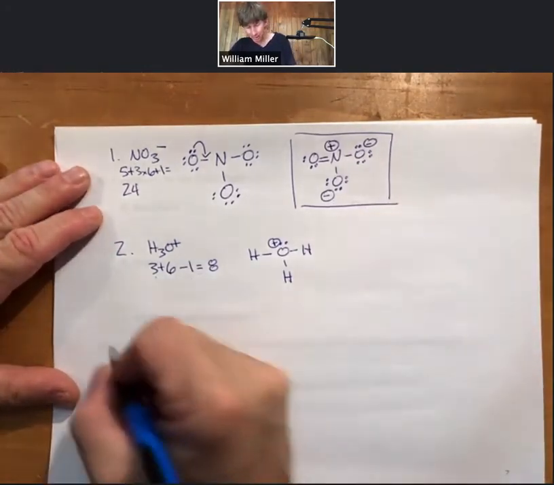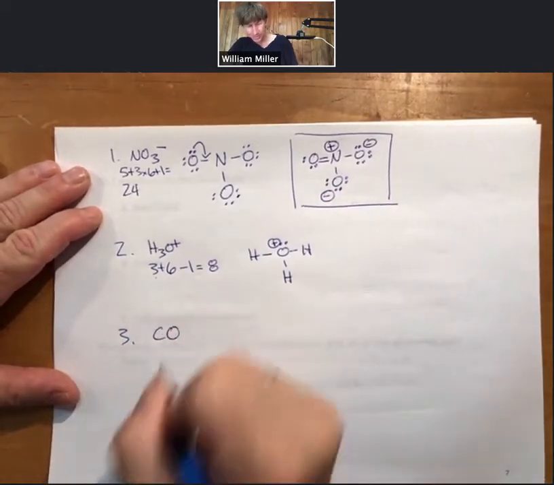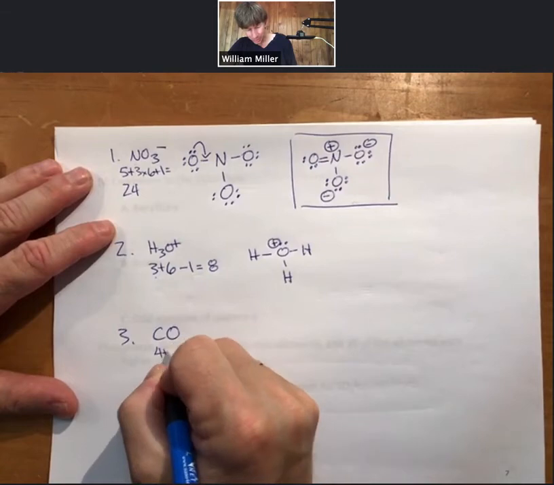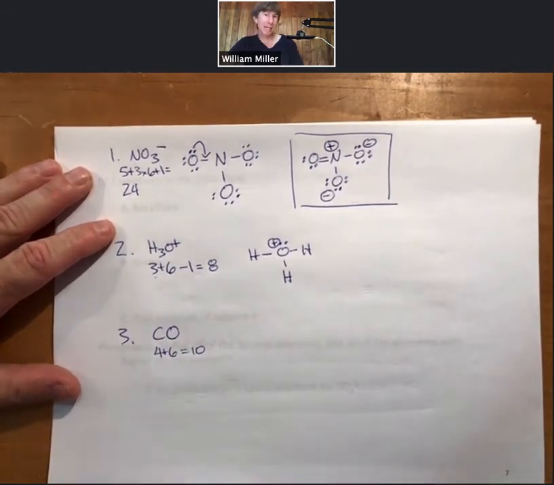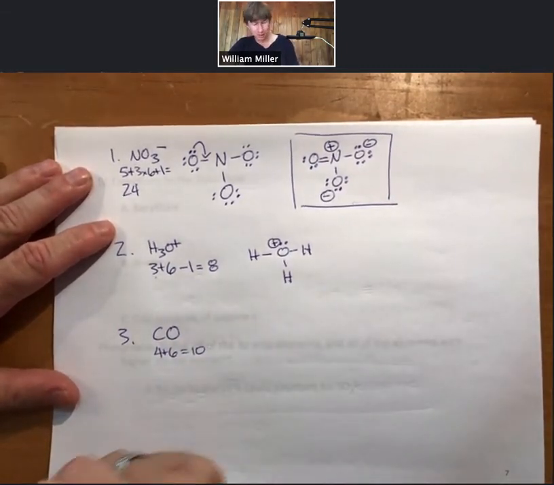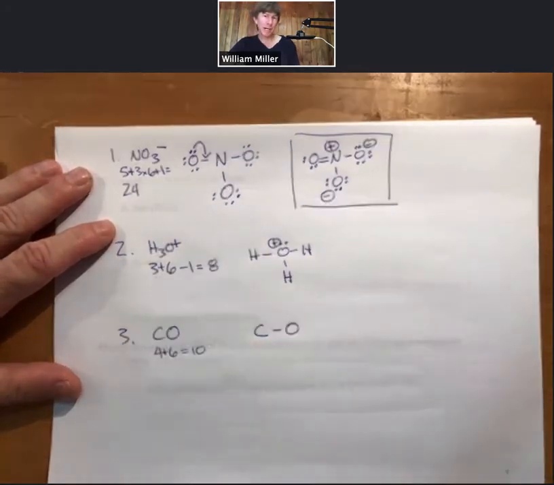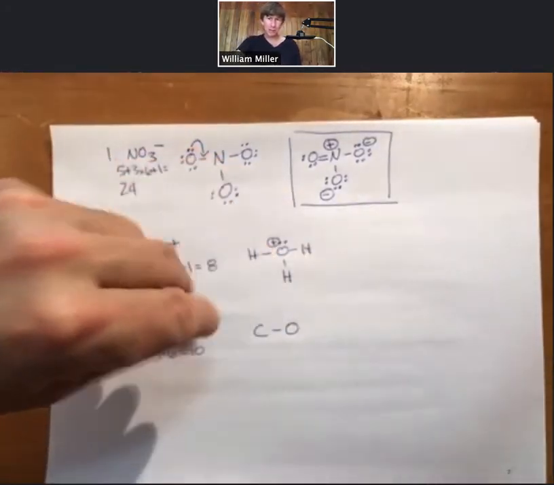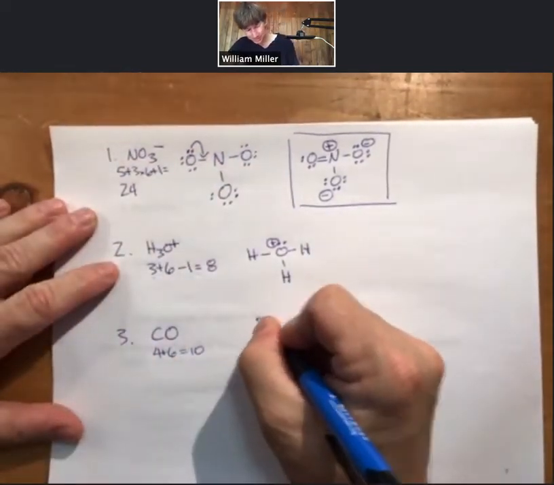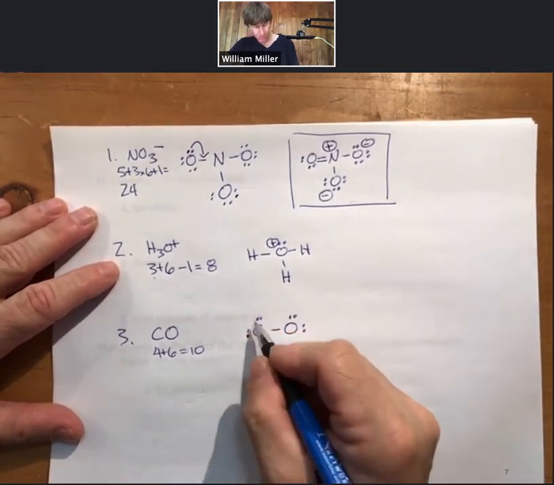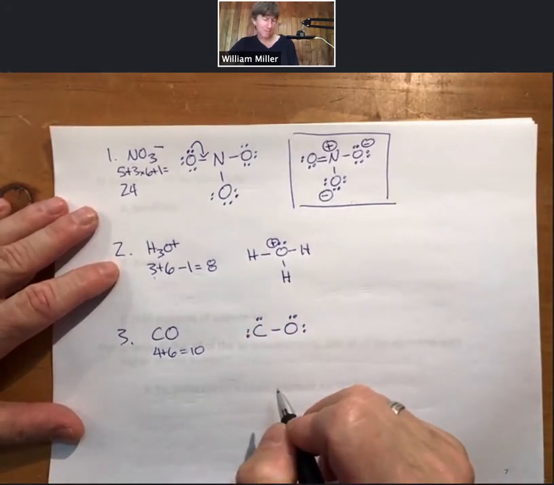Let's see. Oh, another interesting case, carbon monoxide. Carbon monoxide, we have 4 + 6, that's 10 valence electrons. Connect them by single bonds. Sprinkle your electrons around. 2, 4, 6, 8, 10.